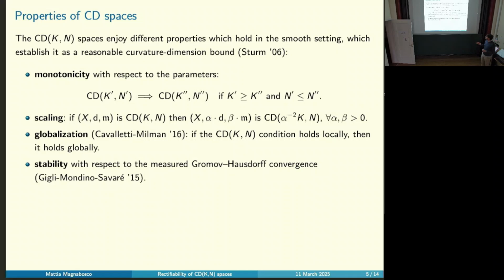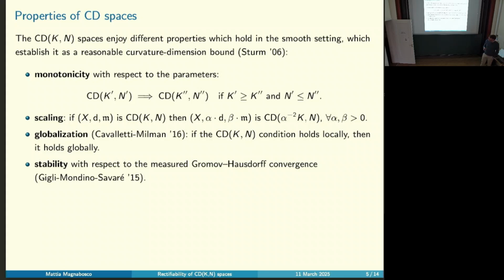And the point is that the CDKN spaces are closed with respect to this convergence. So if we have a sequence of CDKN spaces converging with respect to this topology to another metric measure space, then also the limit is CDKN.